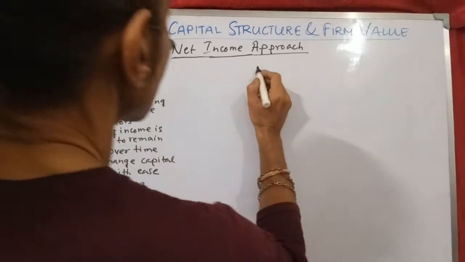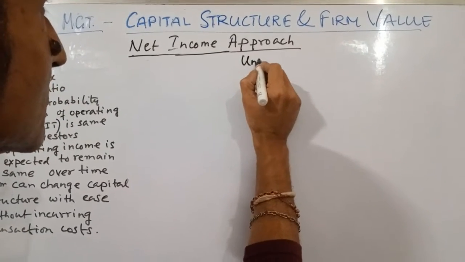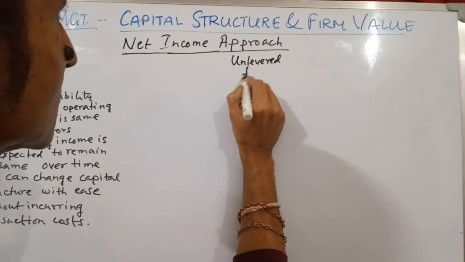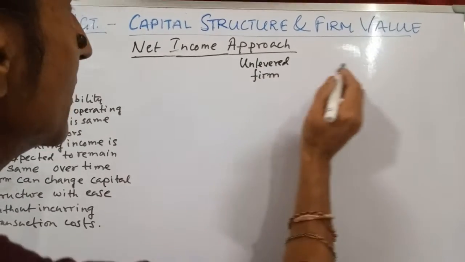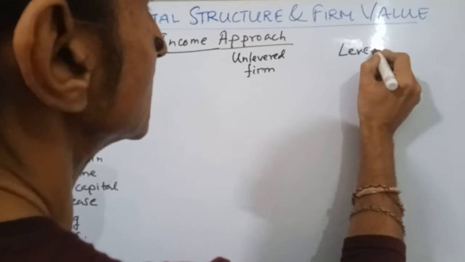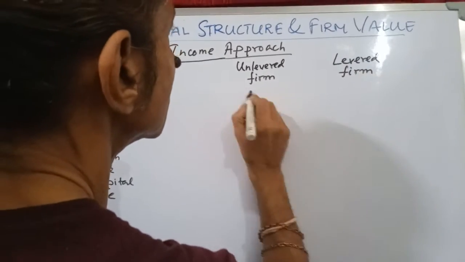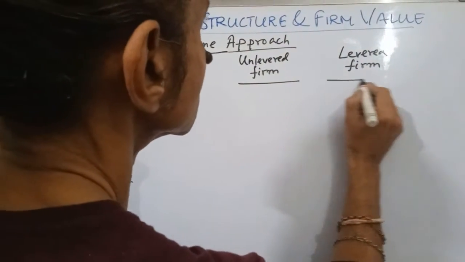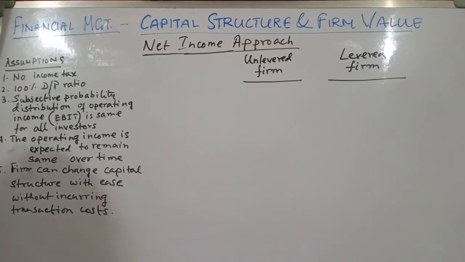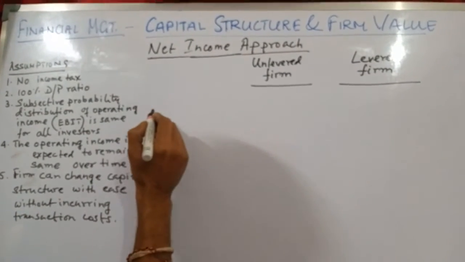So, the first one is the unlevered firm, and the other is the levered firm. Both the firms have the same operating income, that is, the same EBIT, earnings before interest and tax.